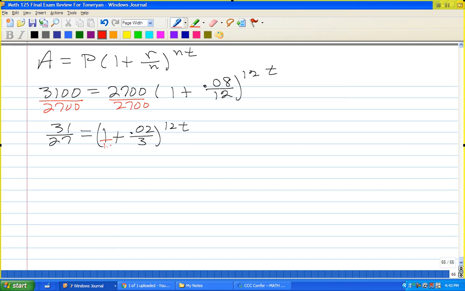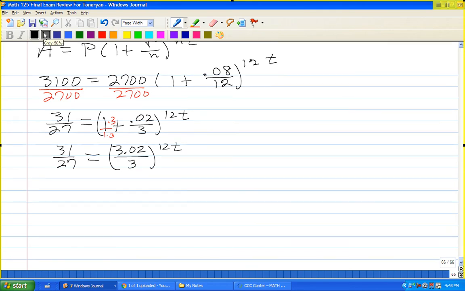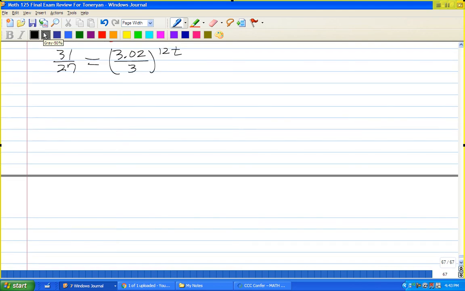I can write this as 31 over 27 is equal to 3 plus 0.02, so 3.02 over 3 to the 12t. Well, let's try to solve that. Let's take the log of both sides of this equation to try to solve this exponential equation.